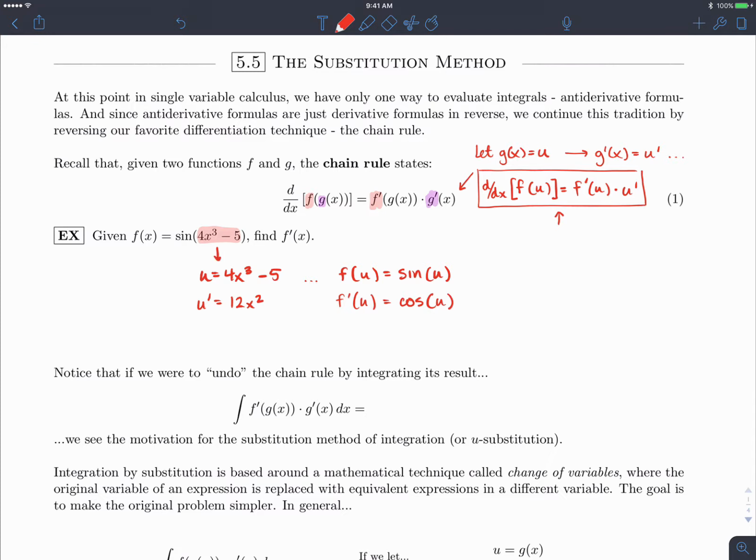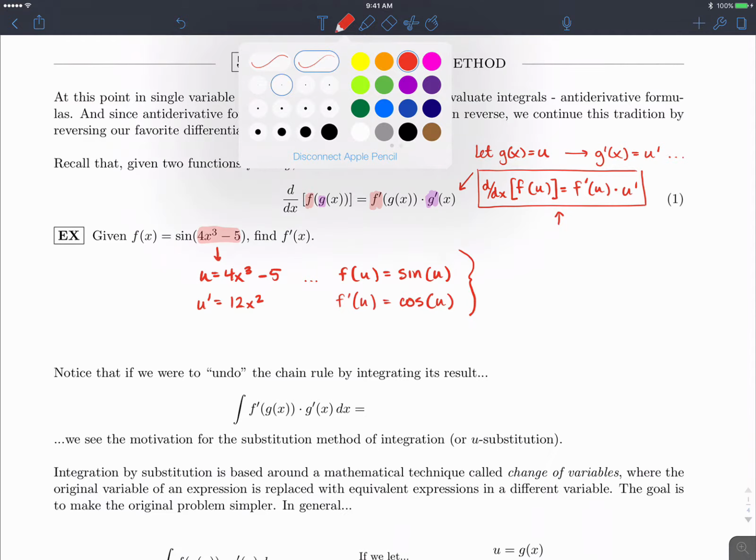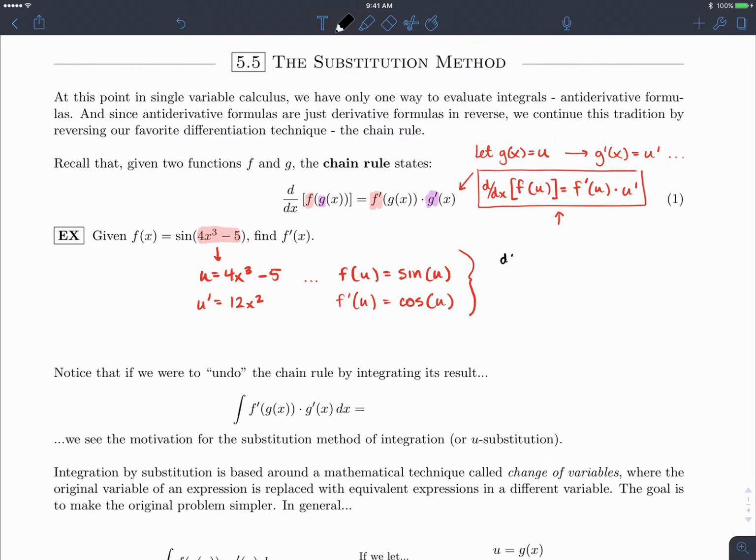So with these two forms, we can now conclude that the derivative with respect to x of the sine of 4x cubed minus 5 is going to be equal to f prime of u, which is cosine of u, times u prime.